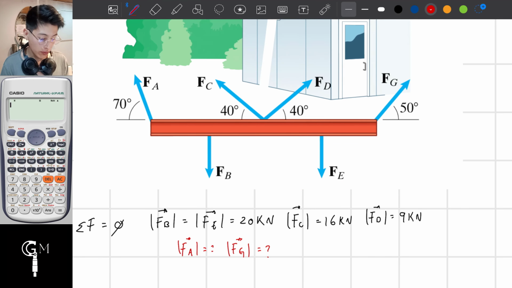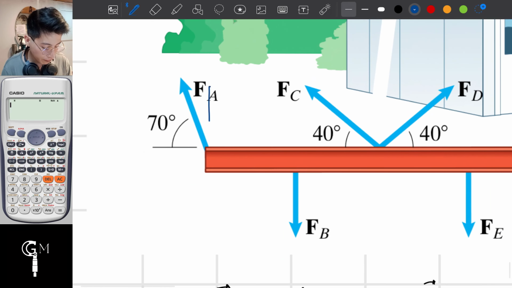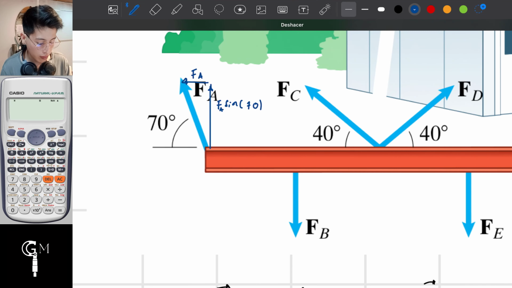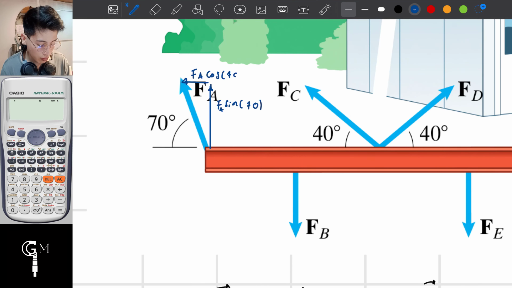So the third step is to determine every single one of the components of the vectors that are not being applied on a specific axis. So in the case of Fa, we have Fa sine of 70 and Fa cosine of 70.